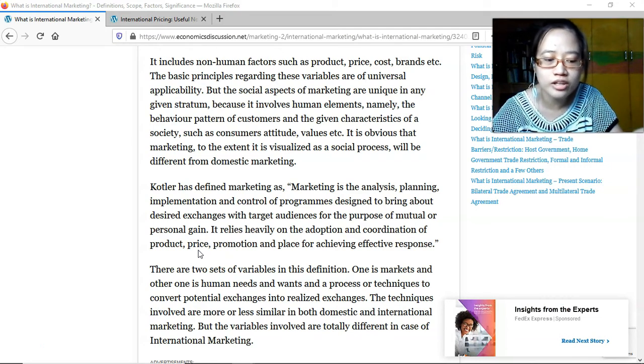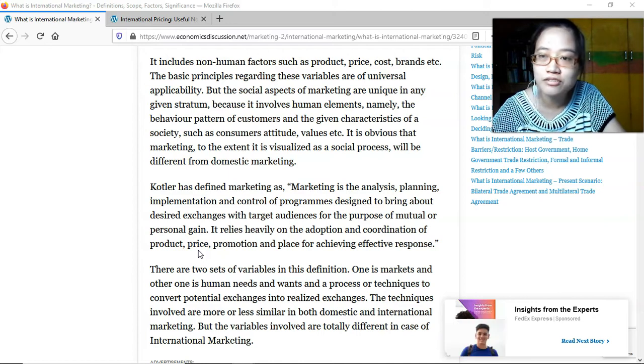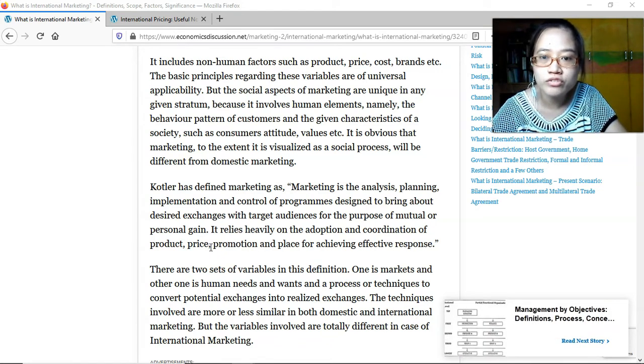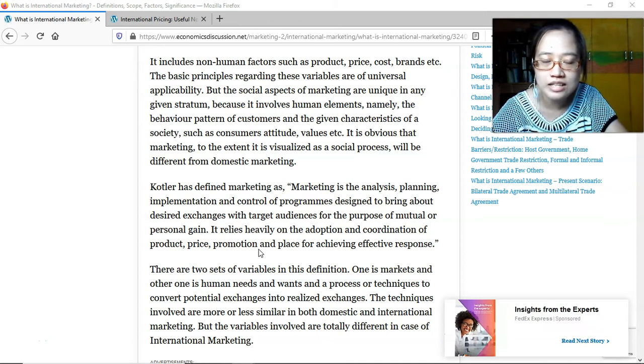Even if you do marketing, if there's no sale, then it's a failed marketing, right? It relies heavily on the adoption and coordination of product, price, promotion, and place for achieving effective response. So this is the marketing mix, if you remember, right? Product, price, promotion, and place.